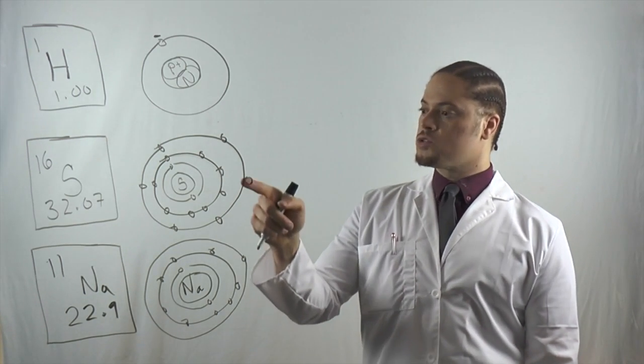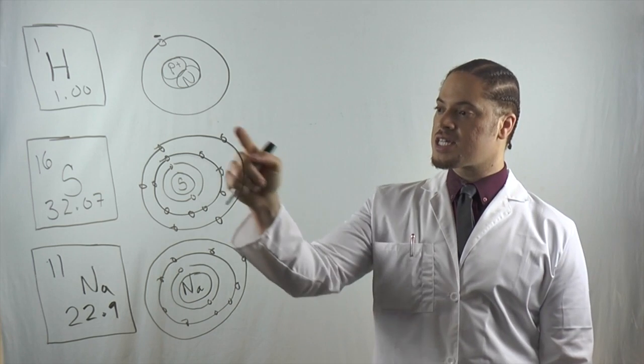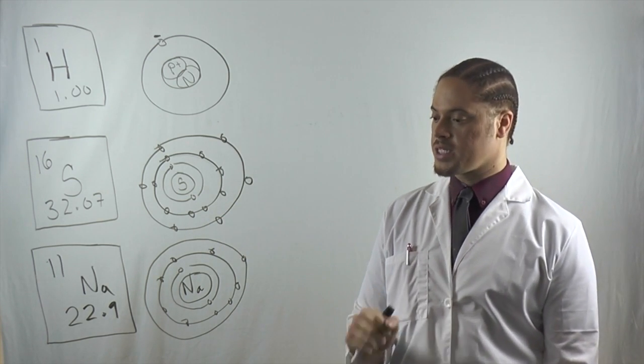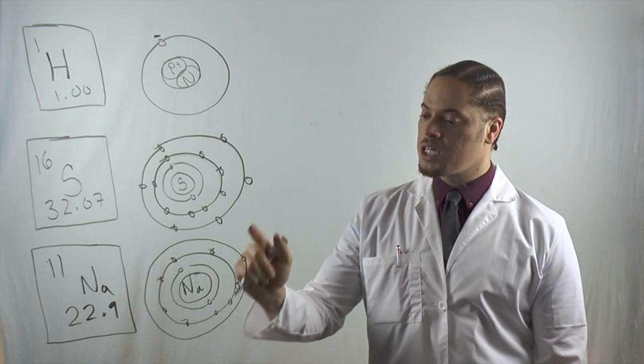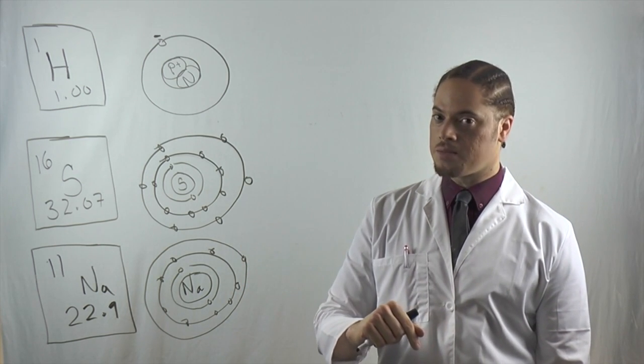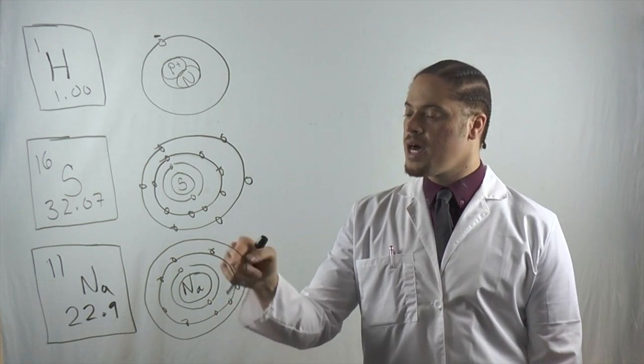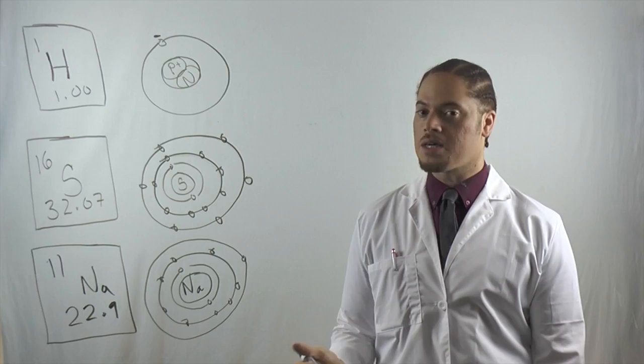As I was telling you, sulfur has 6 in the valence, therefore it will accept 2 electrons when it reacts. When sodium reacts, it will donate this 1 electron, because the next shell of electrons down has 8, and it will obey the octet rule.